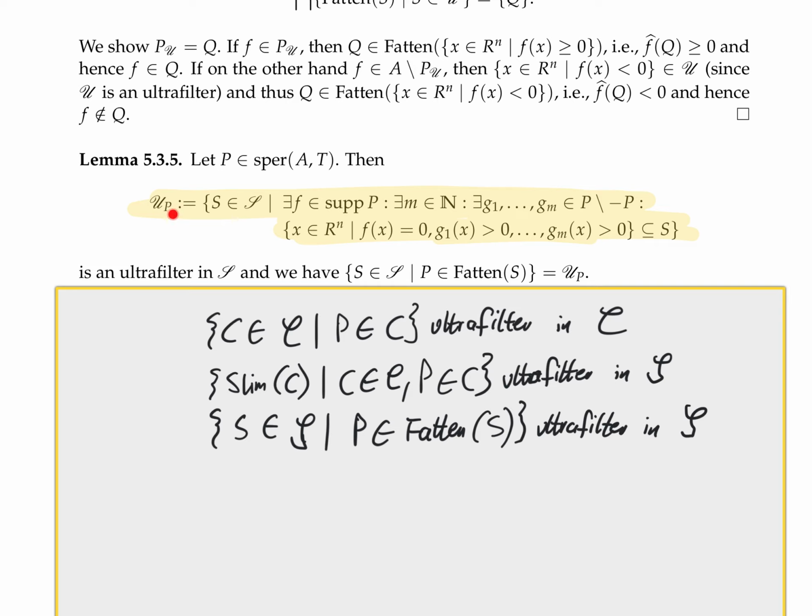You define this ultrafilter U_P as the set of all k-semialgebraic subsets of R^n such that such a set is contained in S, where f is in the support of P, and where there exist finitely many g_i in P without minus P. Okay, so it turns out that this is the right way of doing it.